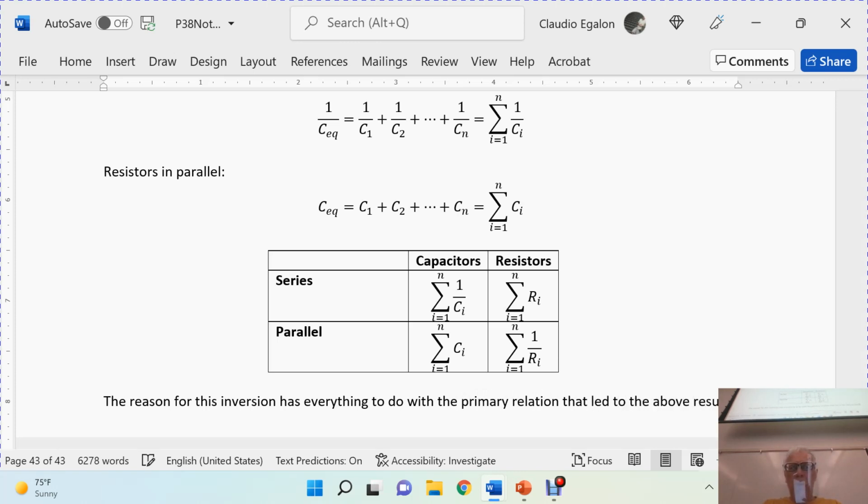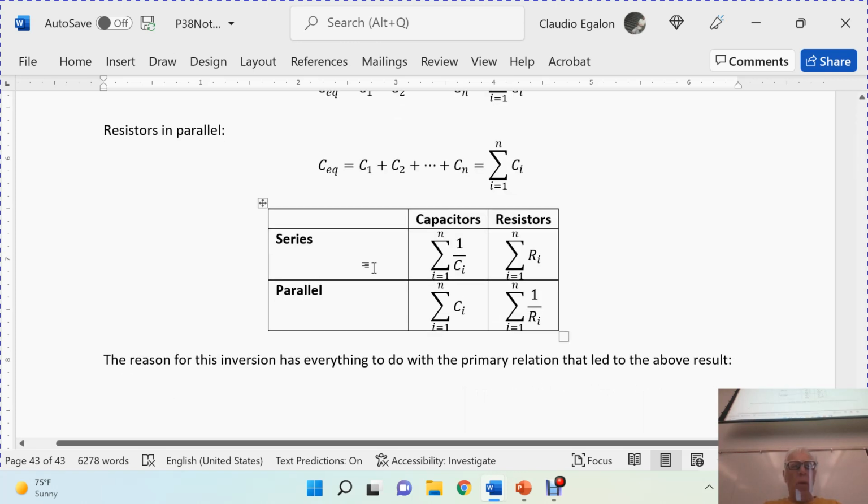And what's the primary relation? Okay, we are talking about the following relation.